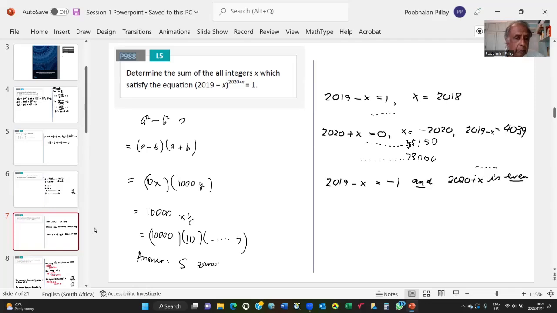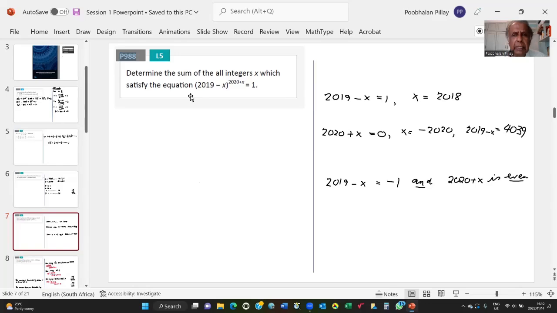Okay, let's get on to the next problem. The question is: determine the sum of all integers x which satisfy this equation. You have some number raised to some power equals 1, but there's an x in it.